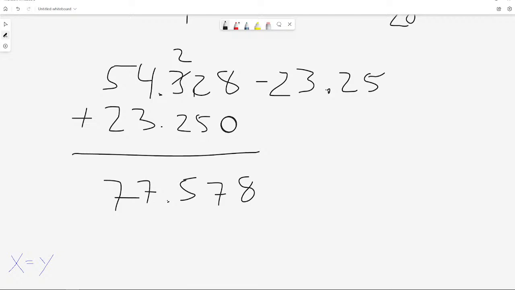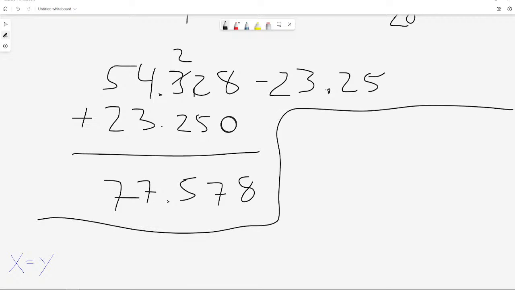Multiplying is a little bit different though. So multiplying, let's say we have 5.36, and we want to multiply that by 7.4. You're not going to line up by decimals here.